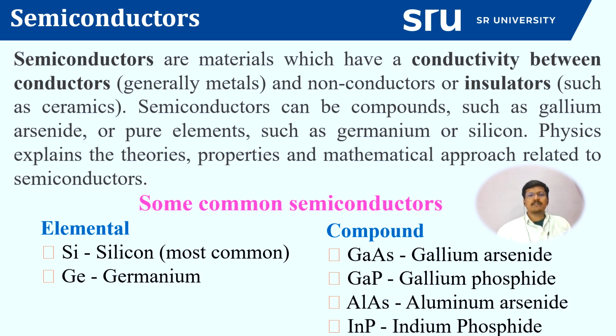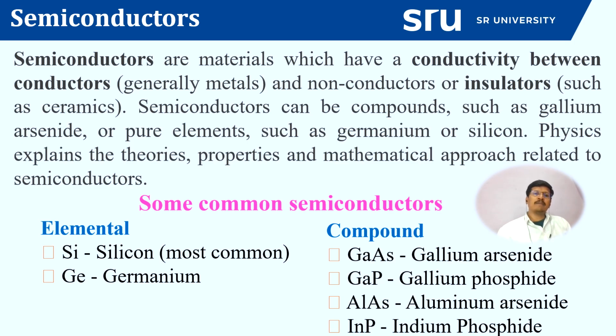Among these, silicon dominates the semiconductor industry because of its availability in nature. More than 90% of electronic devices today use silicon-based technology. Why silicon?